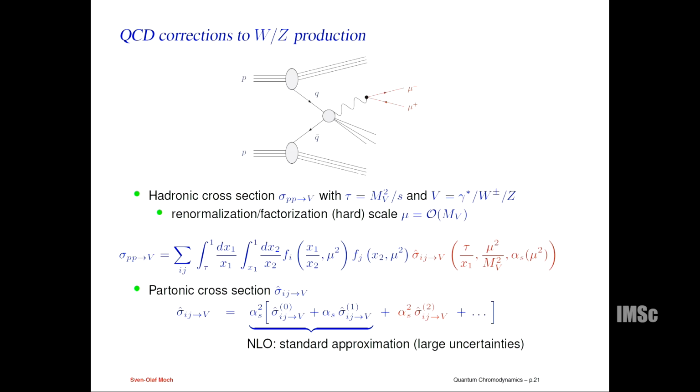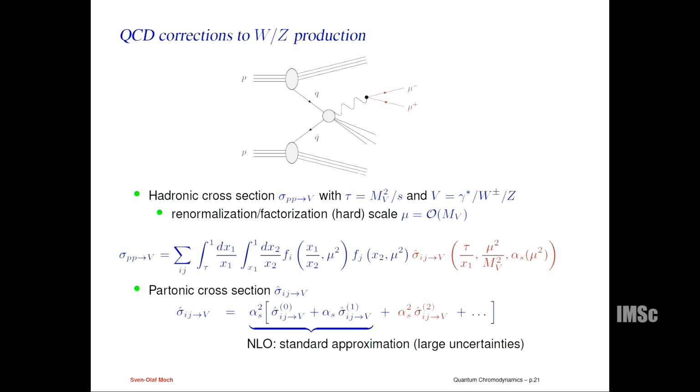And the convolution integrals go, the outer one, dx1 over x1, is integrated from tau to 1. The dx2 over x2 is integrated from x1 to 1, so this is nested integration. And then the first parton distribution is evaluated at x1 over x2, the second one is evaluated at x2, and the hard partonic cross-section is to be evaluated at tau over x1.